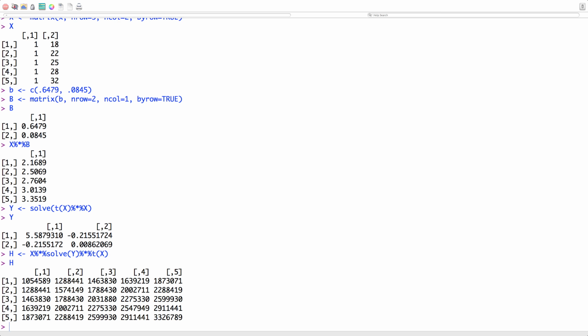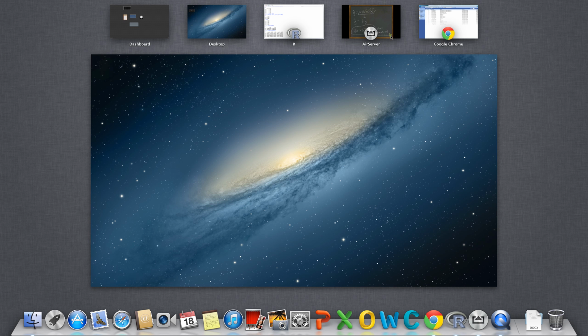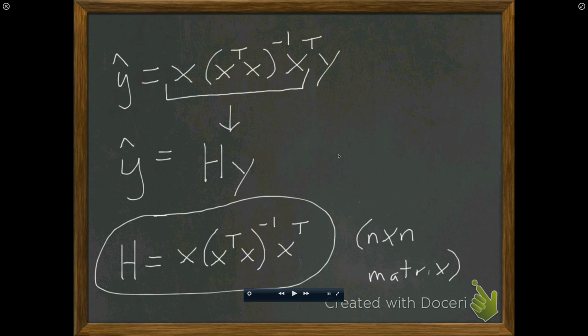Now, I'll tell you what, let's just leave it at that, that it is easy to calculate the hat matrix, and let's just go back and look at some theory. I'll spring on you a little later what that actually helps us do.